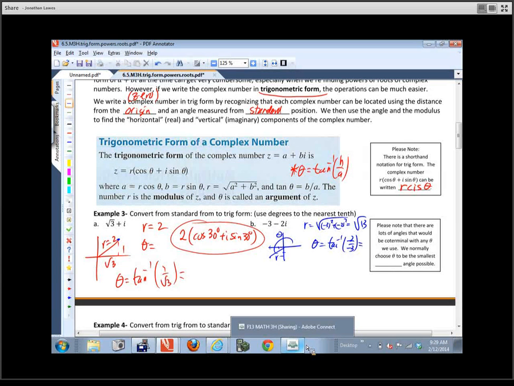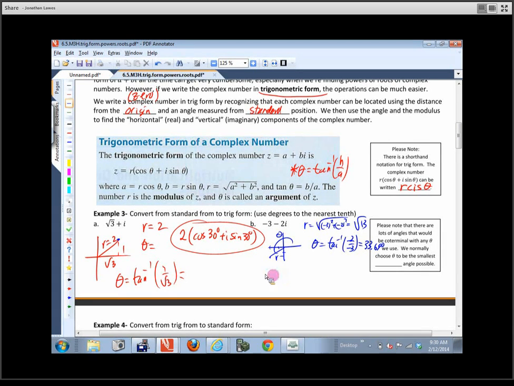What is it? 33.69 degrees. Is there any way that this angle right here from standard position is 33.69? It's not. Remember, that gives you the reference angle. So what do I do to find the actual direction angle then? Add to 180. So I'm going to get 213.69.